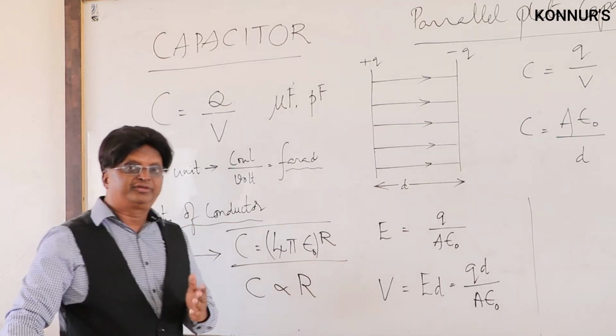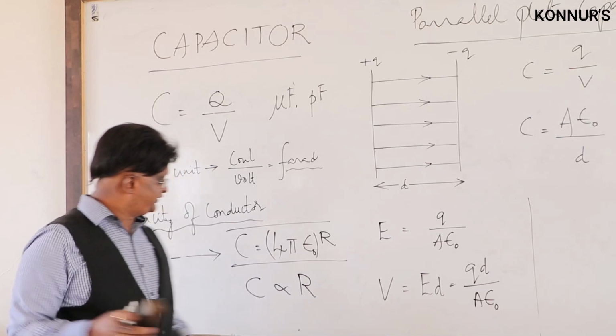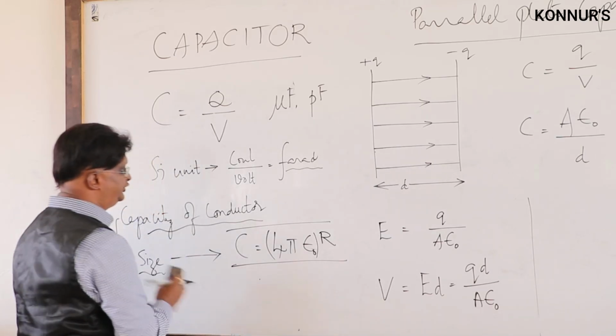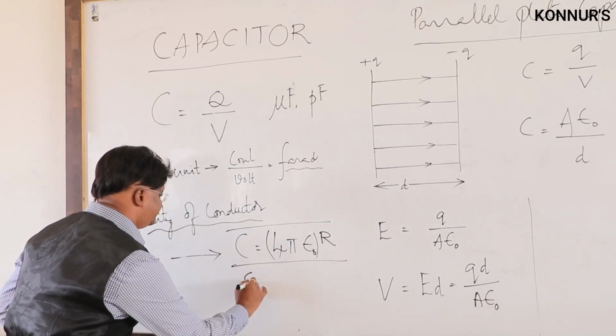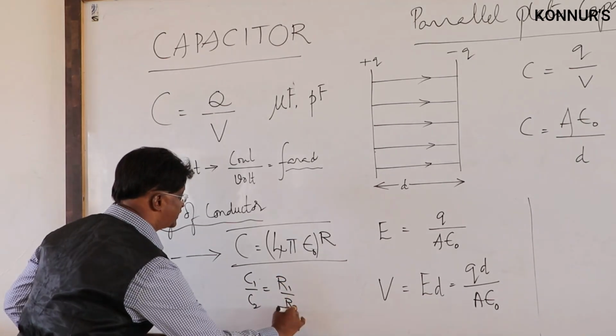Again, if you are given areas or volumes instead of radius, then for such CET examples I am showing you these results. C1 by C2 is equal to R1 by R2 if you are given radius.